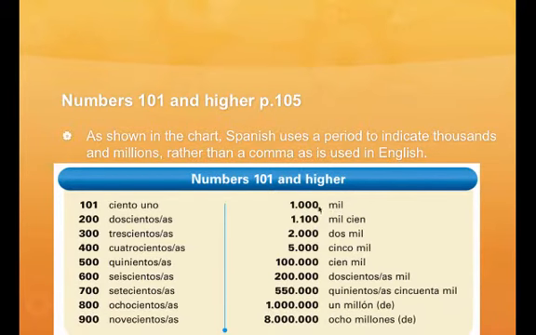And to say 1,000, we say mil, right? 1,100, 2,000, 5,000, 100,000, 200,000, 550,000. And we break that barrier to get to 1,000,000. Un millón, 8 millones, etc. So pay close attention: 1,000 is mil, 1,000,000 is un millón.